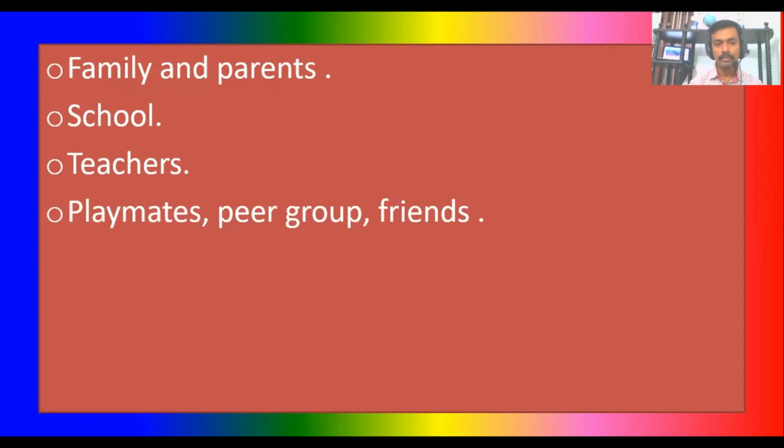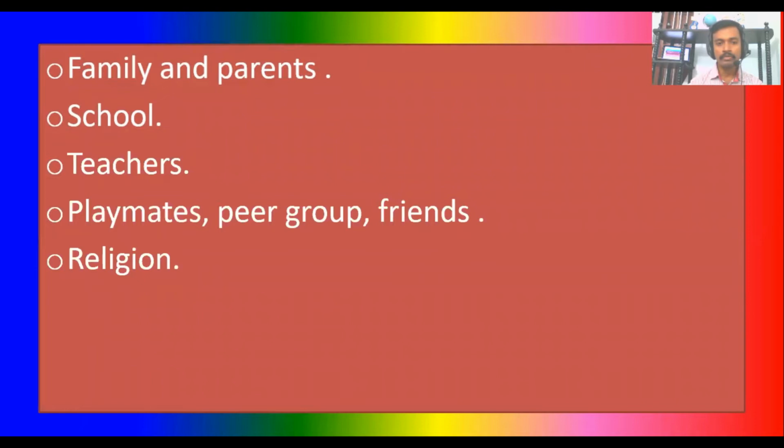Agents: family and parents; school, socialization among the students and between teachers and students; then teachers, a student interacts with the teacher; then playmates, peer group, friends. Peer group means same age group, classmates.